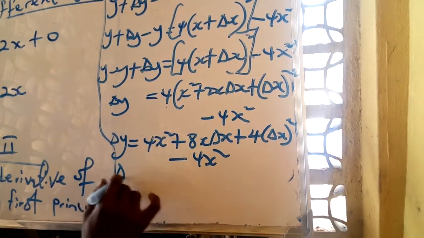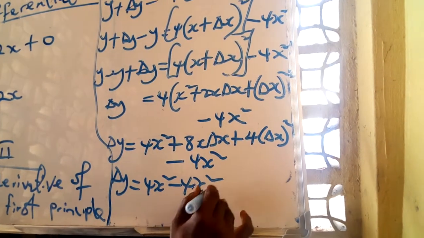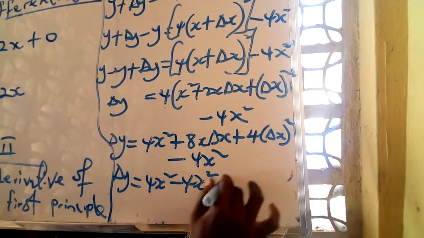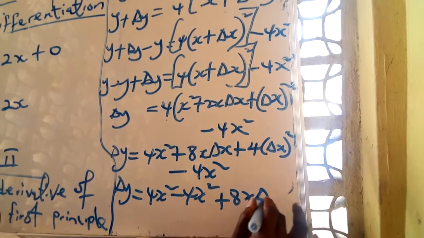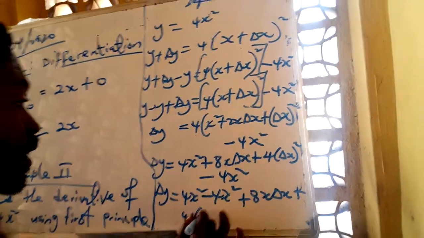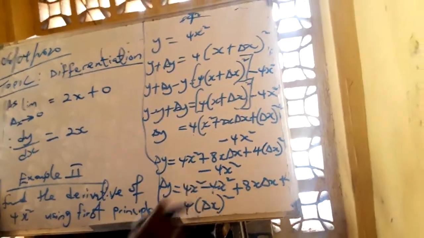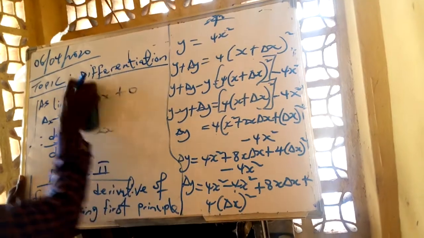Collect like terms as usual. You have delta y equal to 4x squared minus 4x squared plus 8x delta x plus 4 open bracket delta x squared, right?